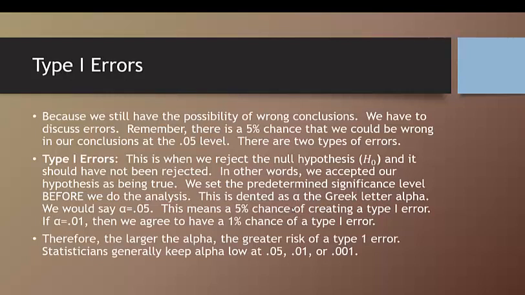So what we see then is the larger the alpha, the greater the risk of the type 1 error. So statisticians generally keep the alpha low: 0.05, 0.01, or 0.001. In that example where we looked at the 25 statistics students, if we had set our alpha at 0.1, the 10%, then we would have rejected our null hypothesis.